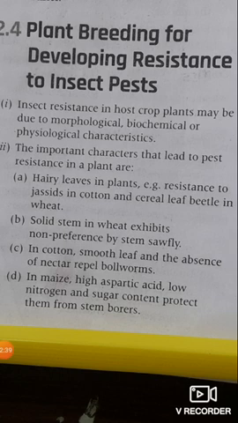Then we also have to think about plant breeding for resistance to insects and pests, because in most places the crop can be directly affected by specific types of insects.